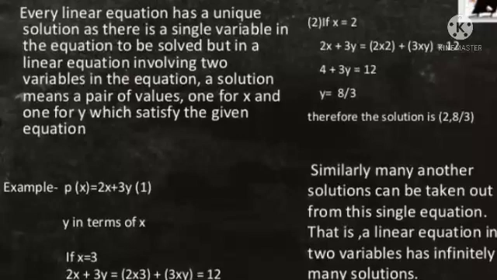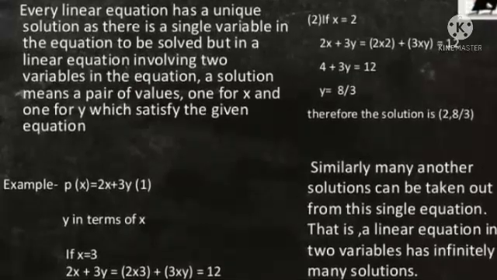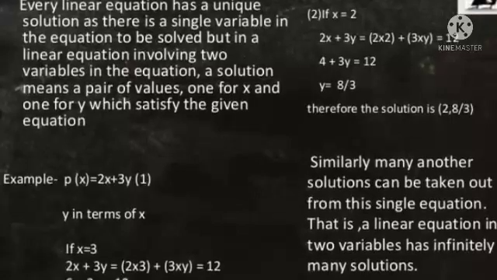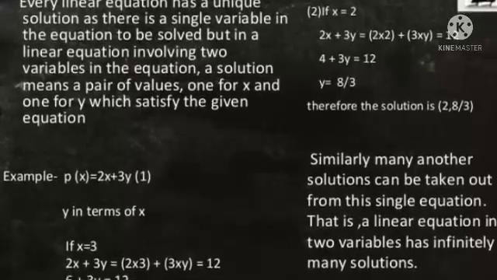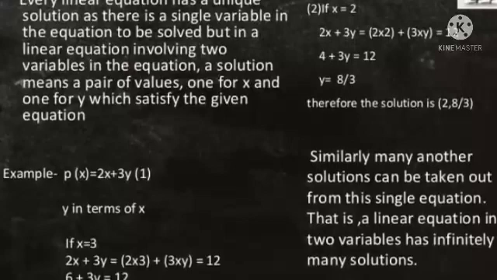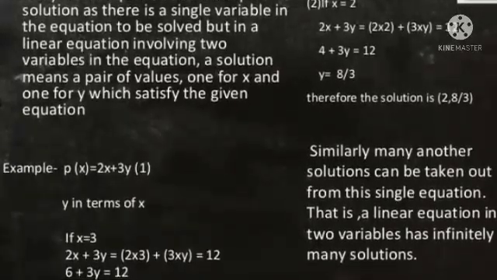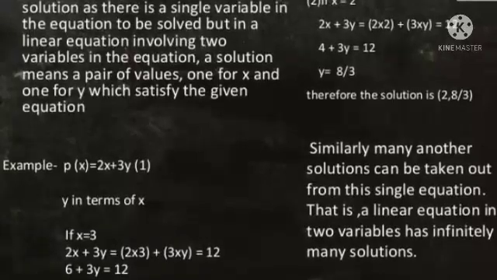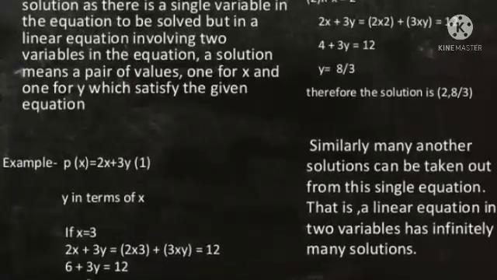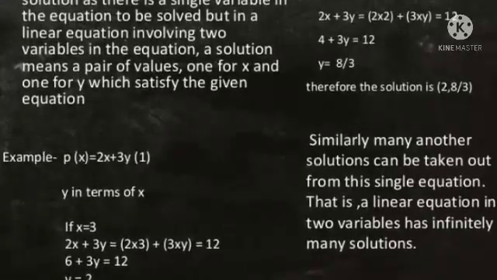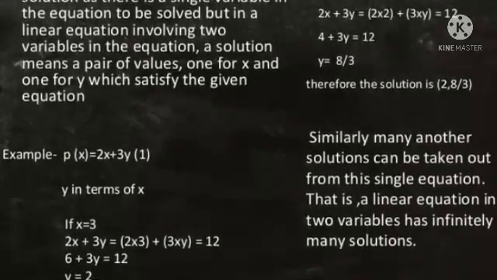Example: px = 2x + 3y is equation 1. Y in terms of x. If x is equal to 2, 2x + 3y is equal to 2 multiplied by (2) plus 3 multiplied by (y) is equal to 12.